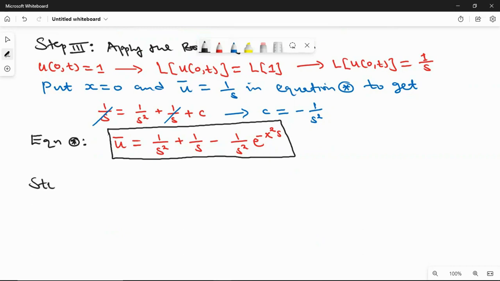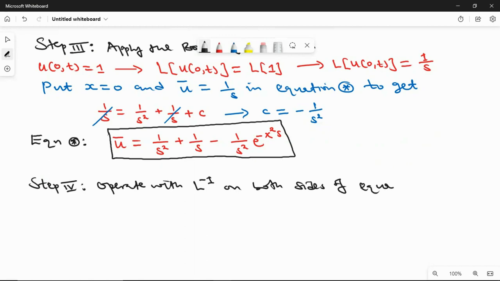Step 4: you now operate with L inverse on both sides of the equation. Let's call it star star, the two stars. So we now operate on that equation star star using the L inverse operator.